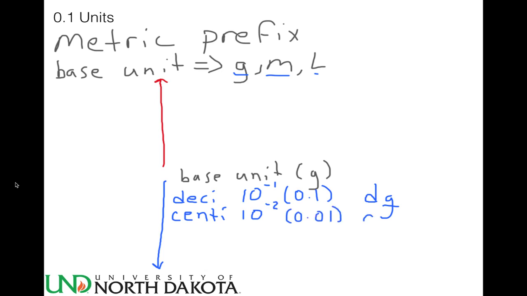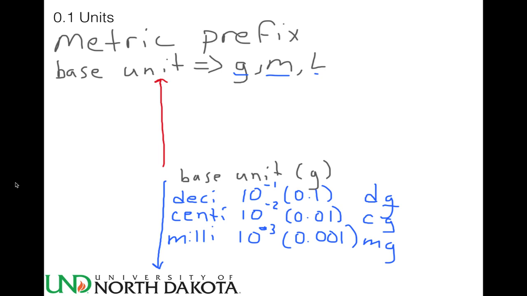It's abbreviated as lowercase c, so you could have a centigram. And you can also have milli, which is a factor of 10 to the negative 3, or 1/1000th. Now there are several more, but these are the most important ones for our course.